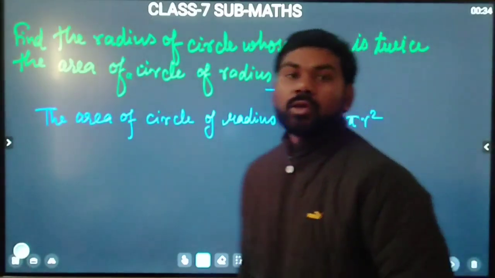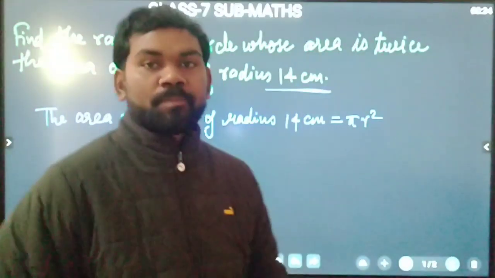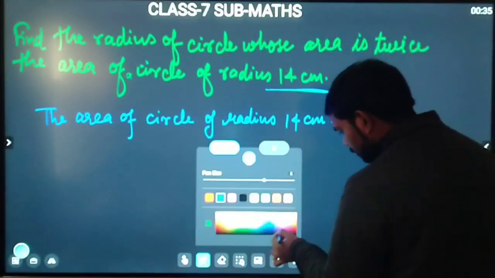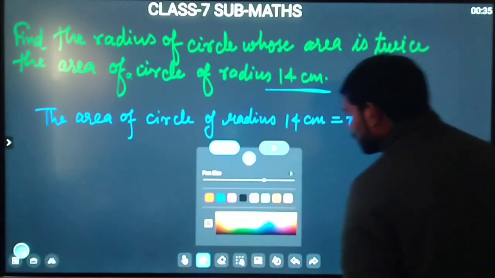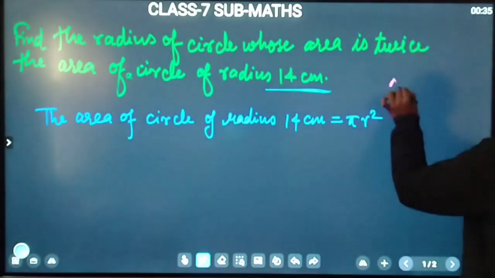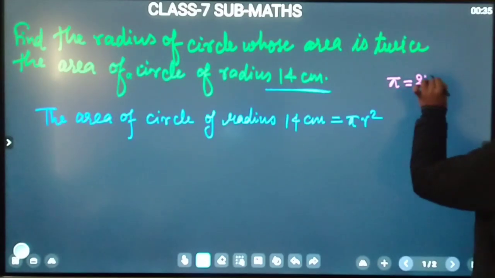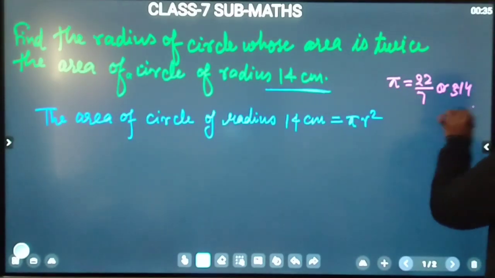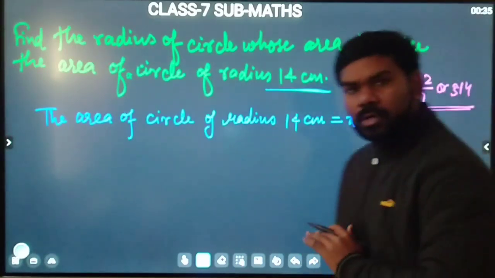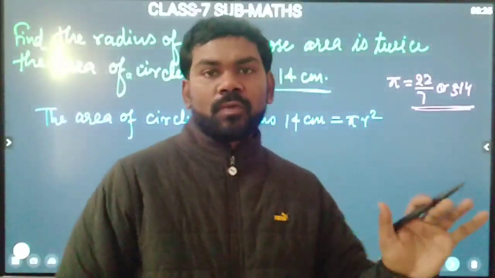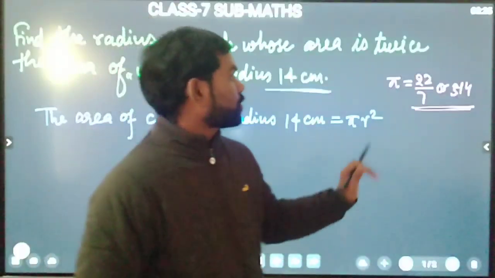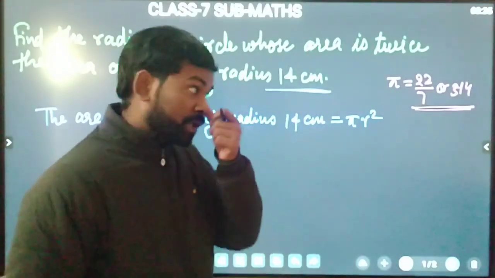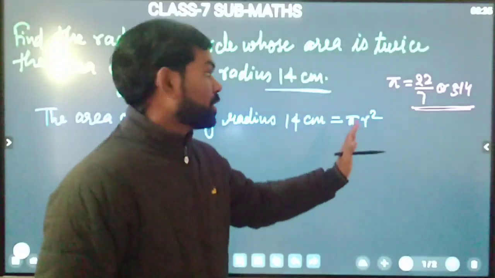The formula of the area is pi r square, and we know that the value of pi is 22 by 7 or 3.14. I hope you have already learned the value of pi, and there is no need to write it again and again.